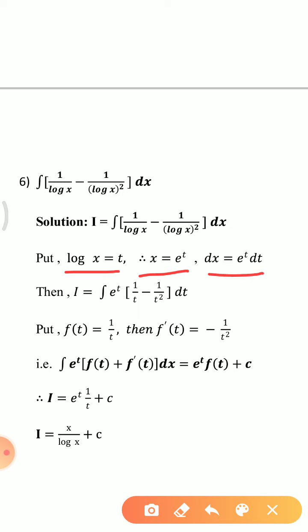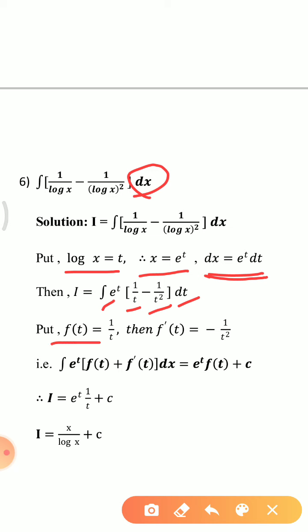Then we substitute the given values. I is equal to the integral, with dx replaced by e raised to t dt, and 1 upon log x becomes 1 upon t, and 1 upon (log x)² becomes 1 upon t².